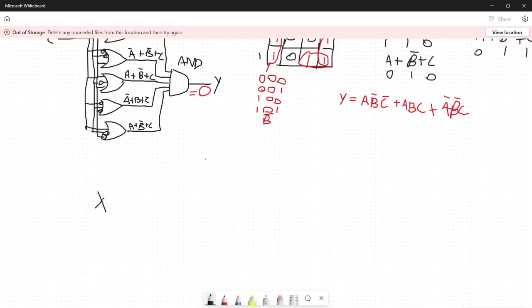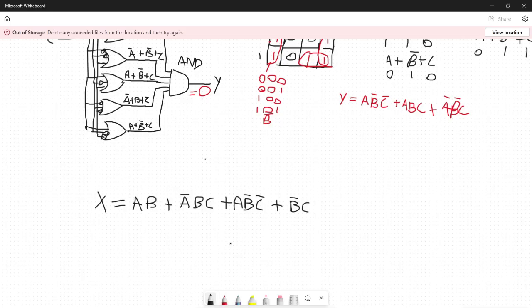So for this one, let's call this x, and x is going to be equal to a plus b, plus a inverse b c, plus a b c inverse, plus b c b inverse. Yeah, let's call it b inverse.